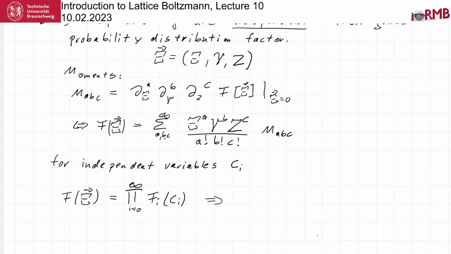We take the logarithm. It does not matter which logarithm. We just take some logarithm of this function, and this turns the product into the logarithm of the single functions.